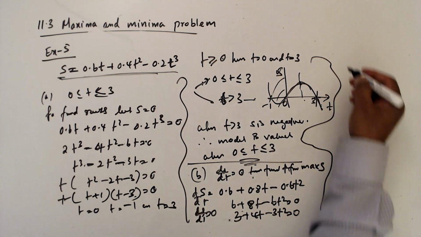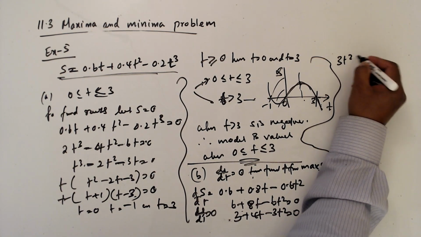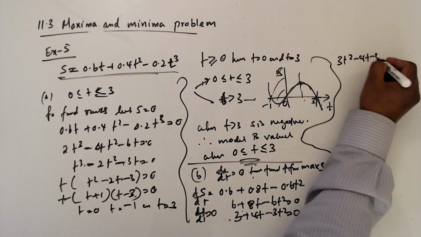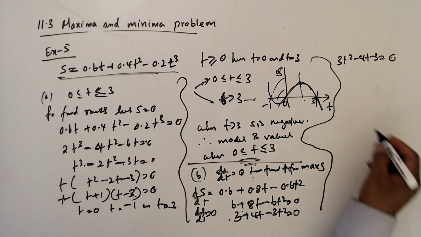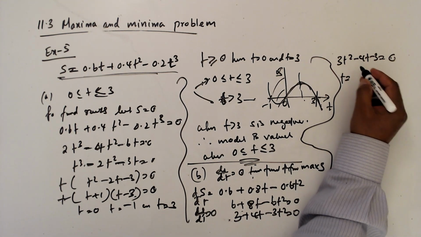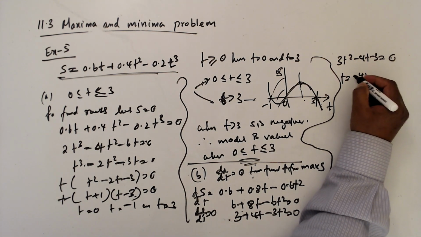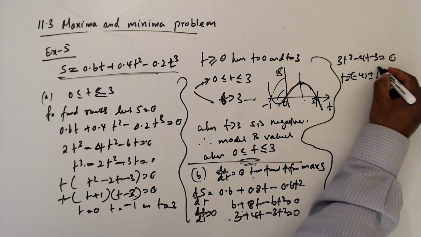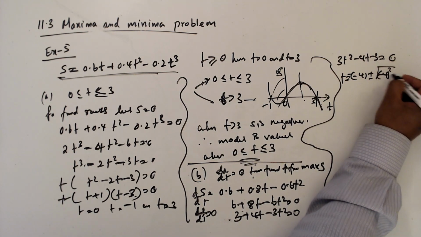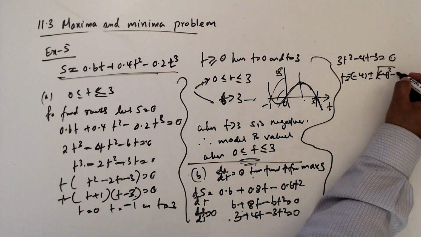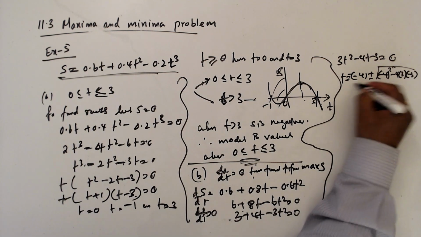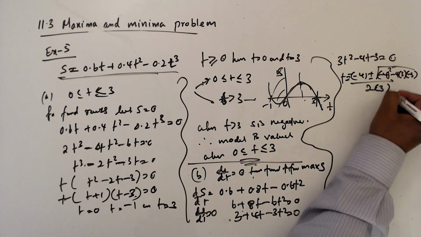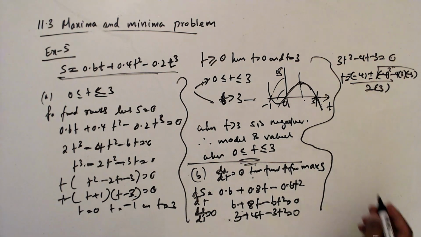So again I can rewrite 3t squared minus 4t minus 3 equals 0. Now we have to use t equals minus b plus or minus the square root of b squared minus 4ac, all over 2a, with a equals 3, b equals minus 4, and c equals minus 3.